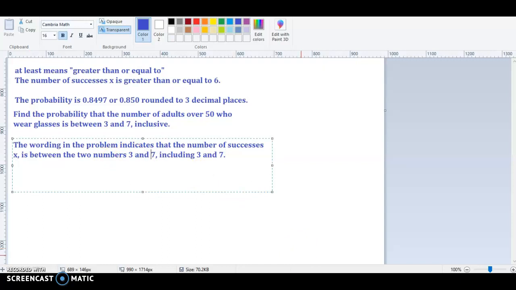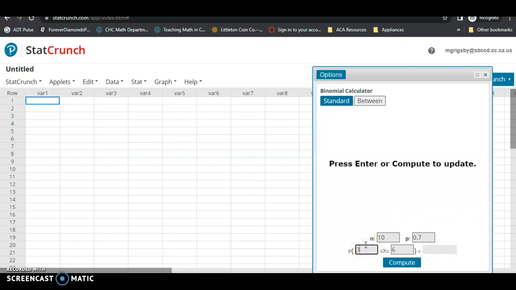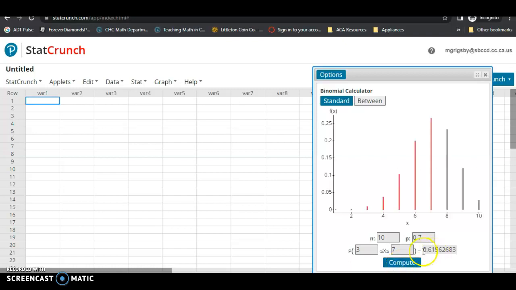In StatCrunch, whenever you're asked to find the number of successes between two numbers, select the between option. Enter the correct value for n and the correct value for p, because those are not going to change. Then type in the lower number in the left box and the upper number in the right box, click compute, and you have your probability.